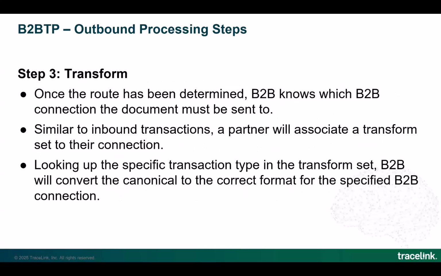And now, since the B2B connection is known, you know that a transform set is associated to the B2B connection, right? Because on the receiver side, and I'm sorry for switching back and forth, but this is what I want to do, relate each and every slide with the actual system.